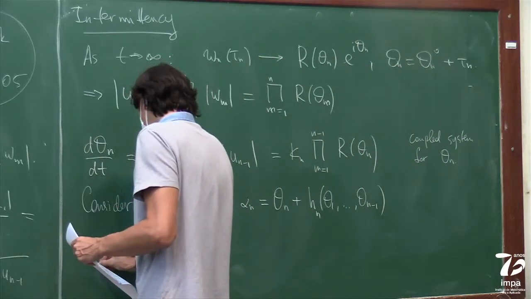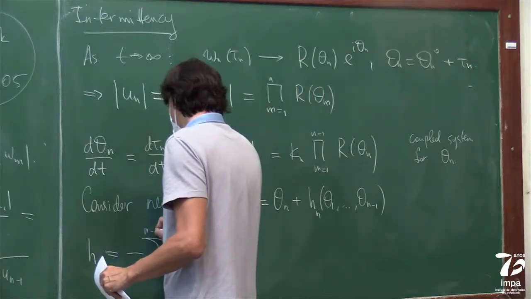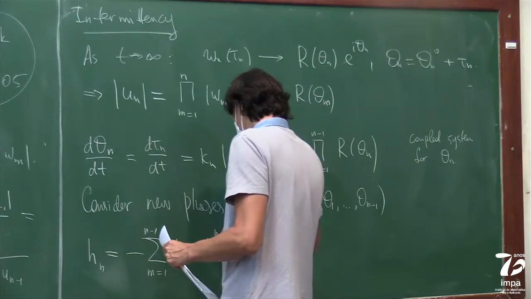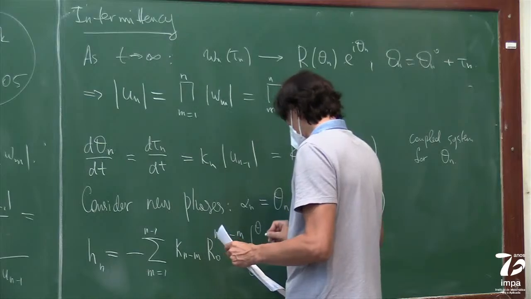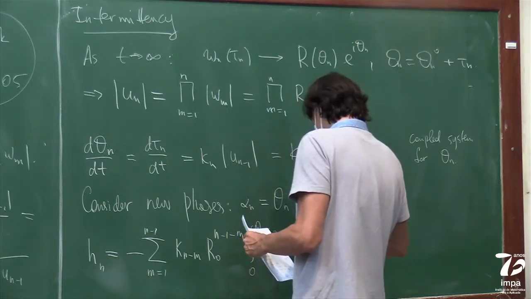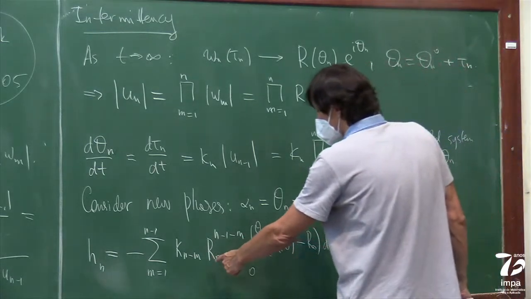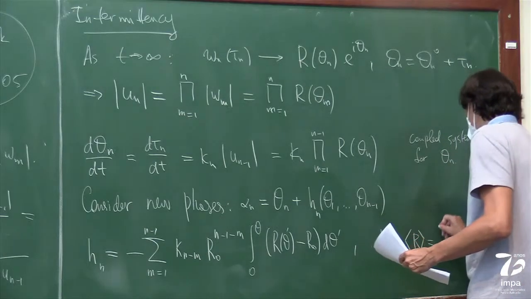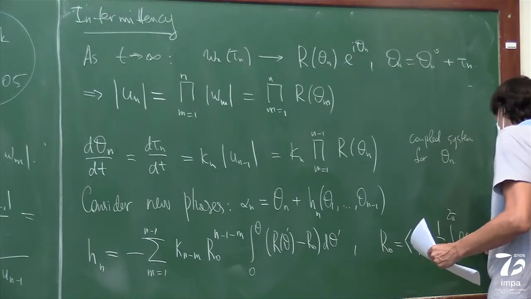What is important is that there is an explicit formula, where R0 is just the mean value of this function R, 1 over 2 pi times the integral from 0 to 2 pi of R(theta) d theta.